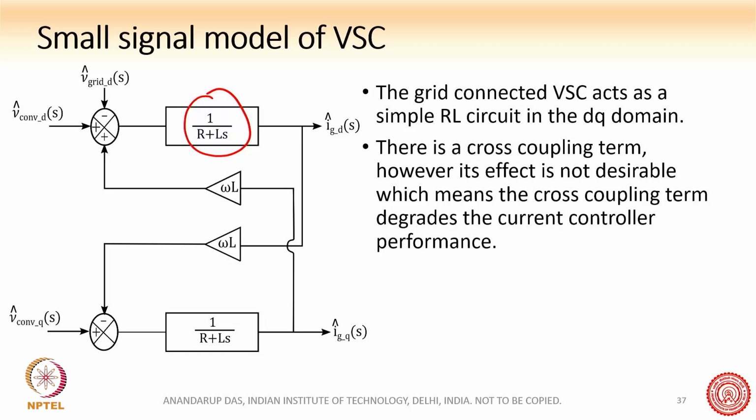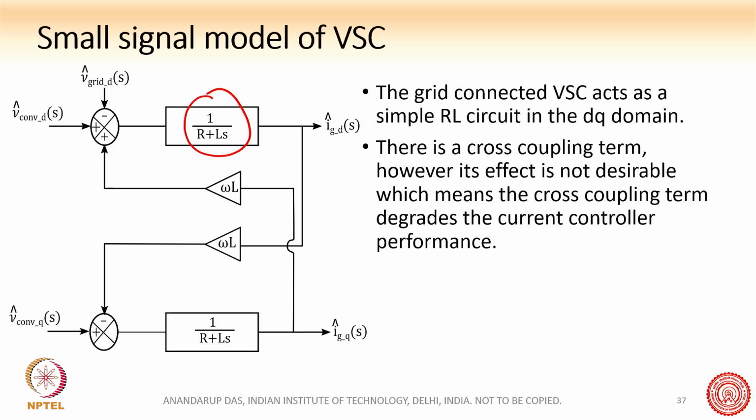It is showing that the voltage source converter can act as a simple RL circuit based on the filter, provided there are certain conditions. For example, here we have taken certain assumptions. What are the assumptions? Number one, we have neglected the effect of the dead time. More importantly, we have not taken any delay in the system, right? Where are the delays?